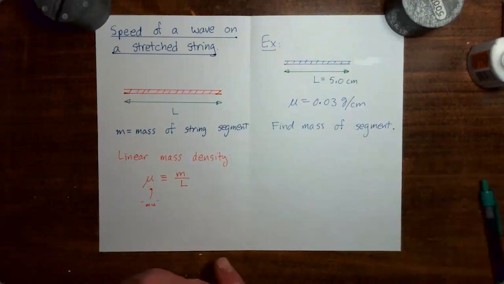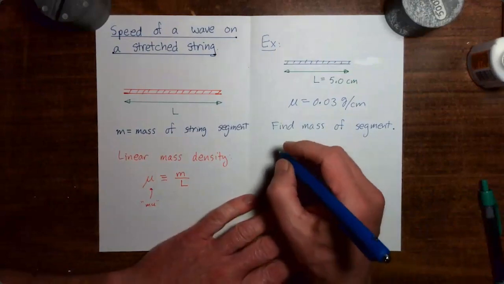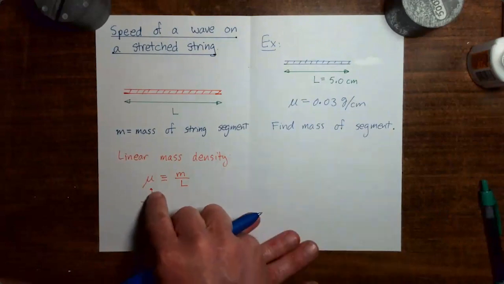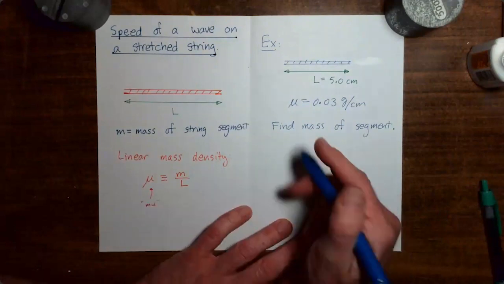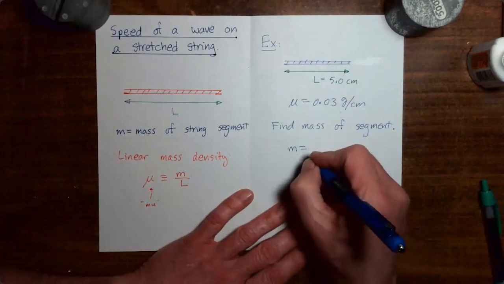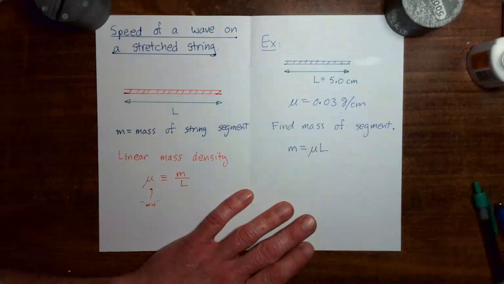This isn't a super hard calculation, but I would still encourage you to pause the video, try that on your own, and then rejoin the video. Okay, starting from the definition of linear mass density, I can solve for mass. So I have then that mass is equal to linear mass density times length.